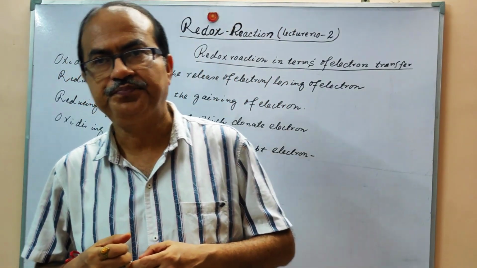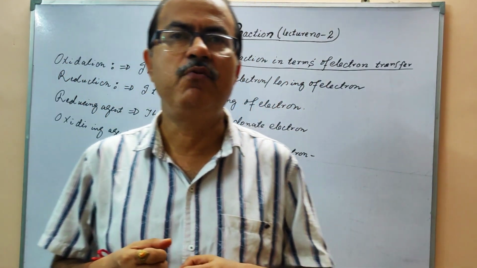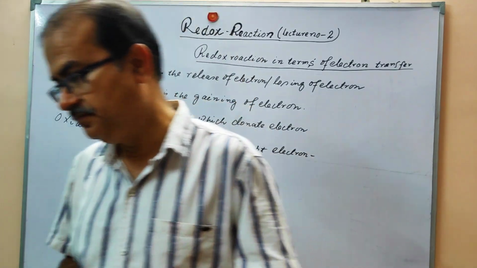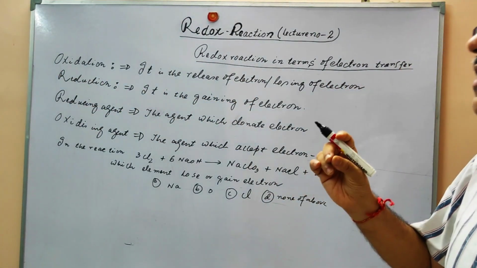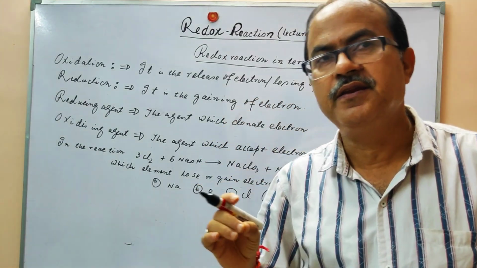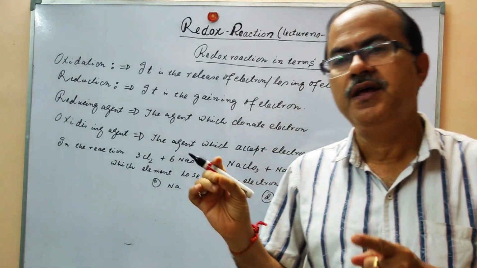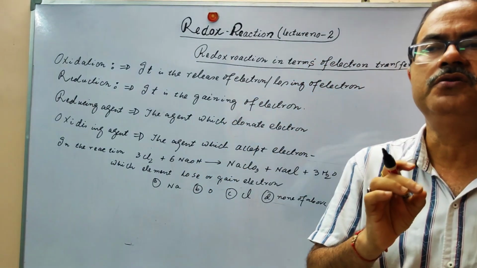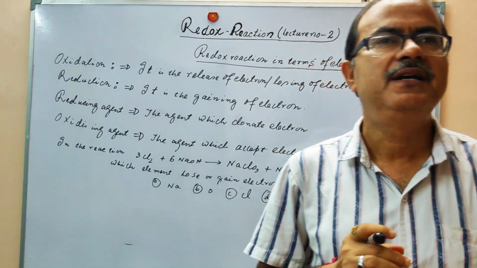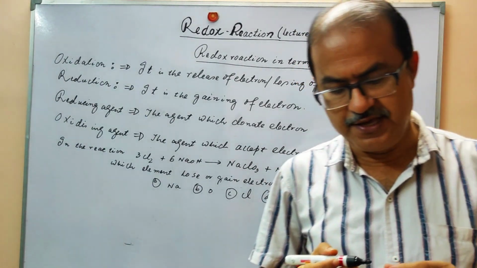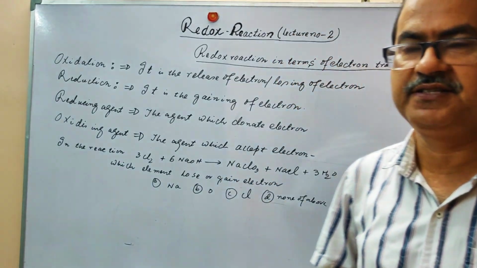So now take one example. It appears that every time in the reaction, one species will donate the electrons and the other species will accept. But this is not the case for all reactions.